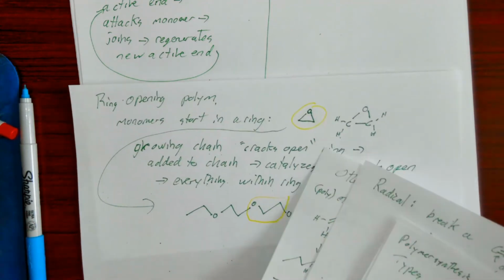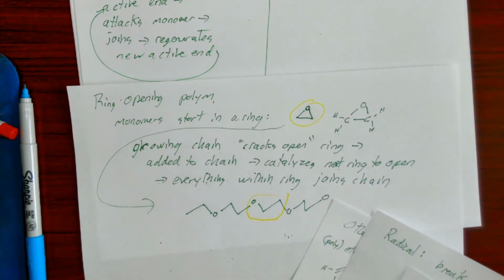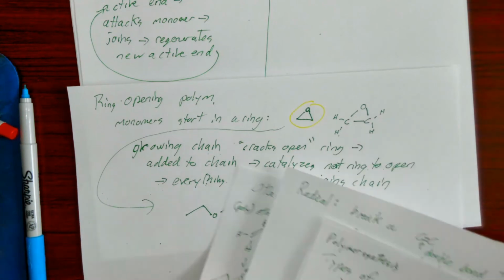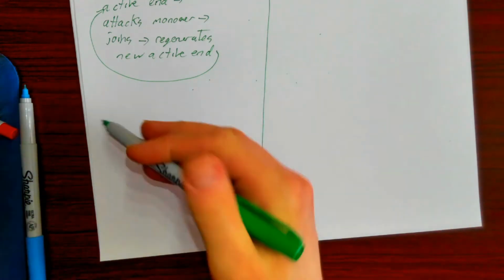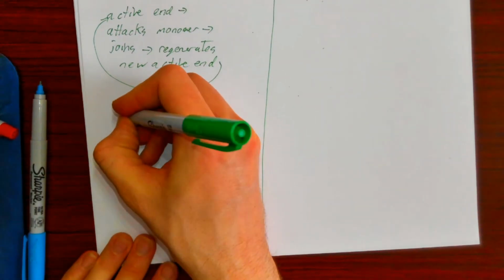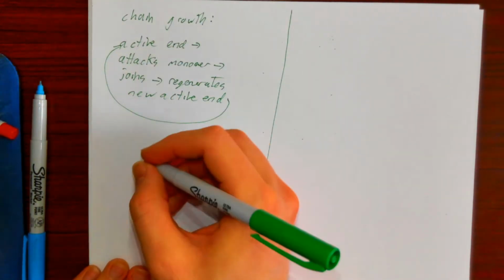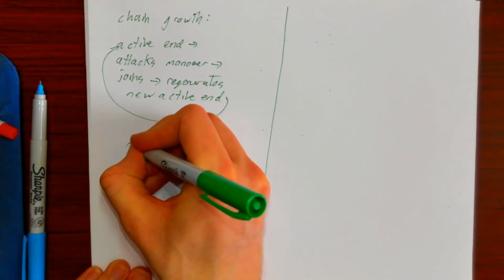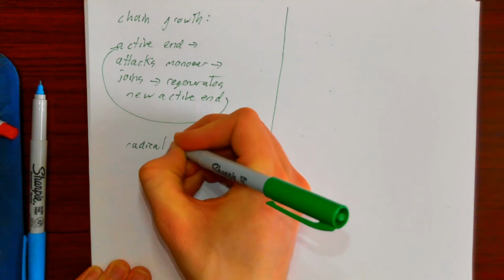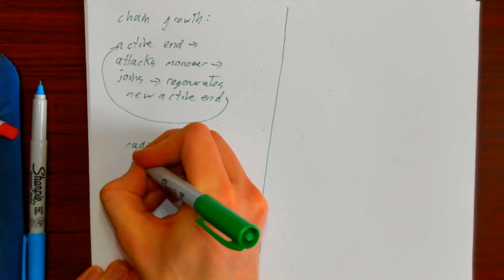For ring opening, the chain attacked the ring, and then the chain had a new end that could attack the next ring. So examples of polymers that grow via chain growth are radical and ring opening.